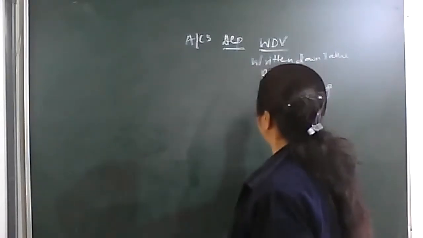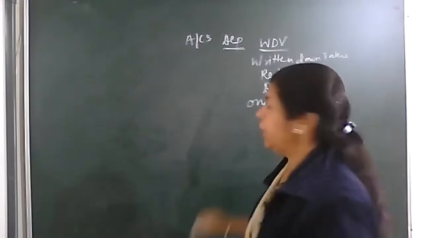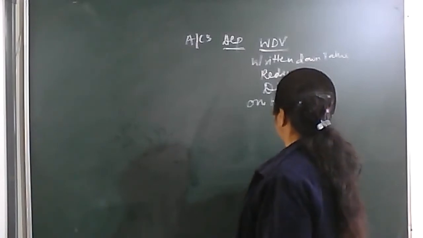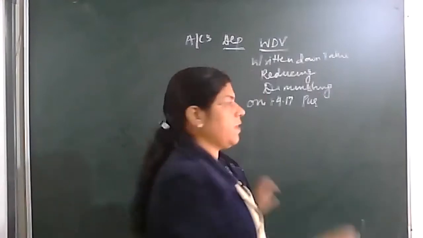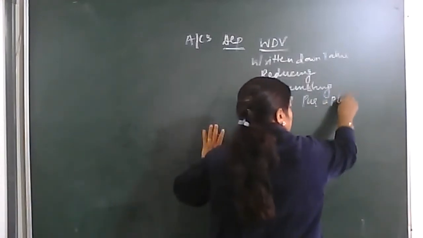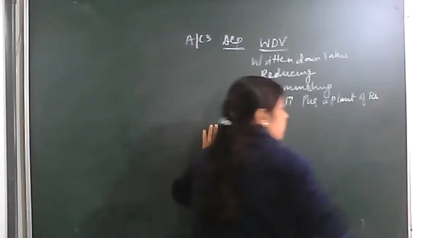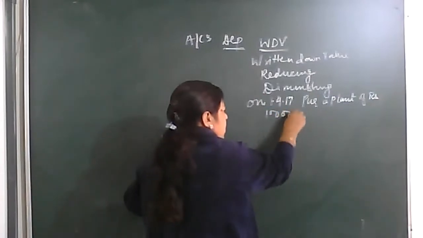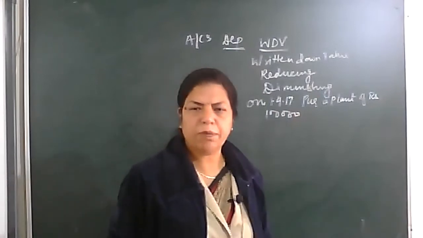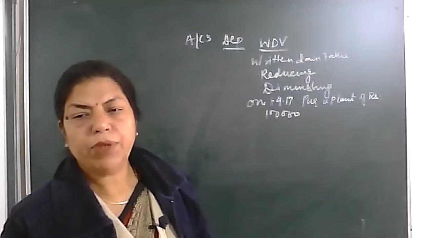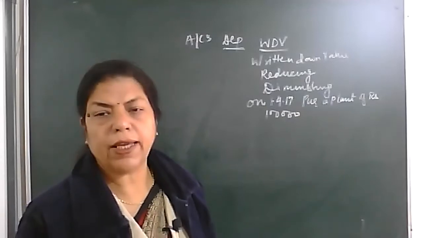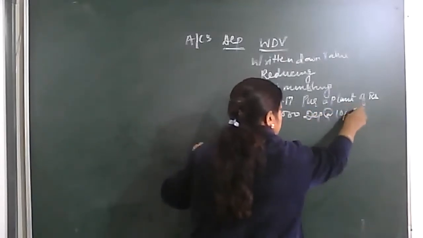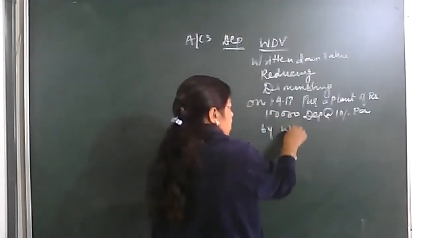Note down please: on 1st April 2017, company purchased a plant of rupees 1 lakh, depreciation at the rate of 10% per annum by WDV method.